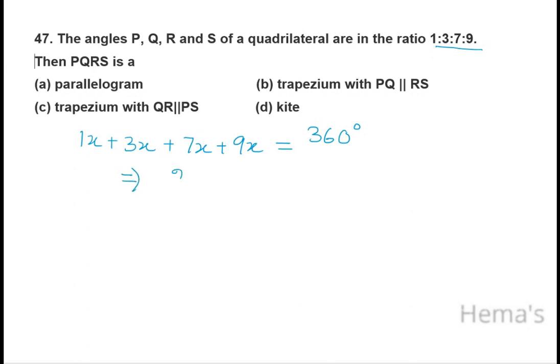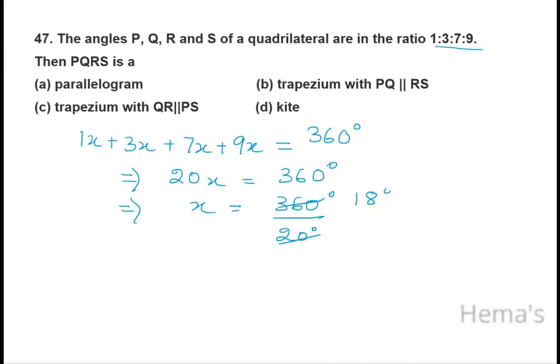That is 20x is equal to 360 degrees and x is equal to 360 divided by 20, which is equal to 18 degrees.